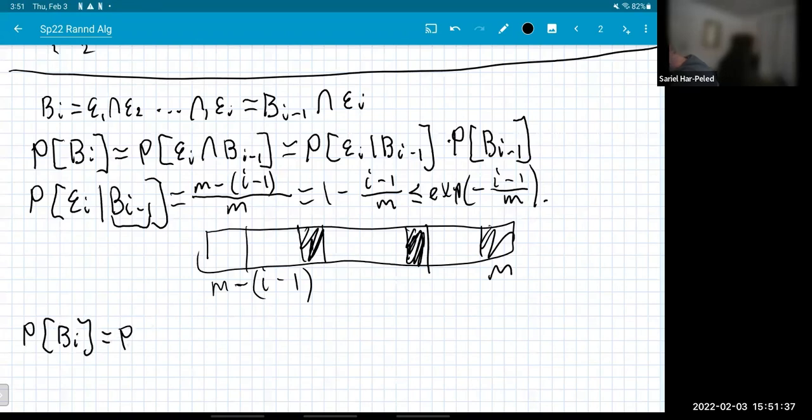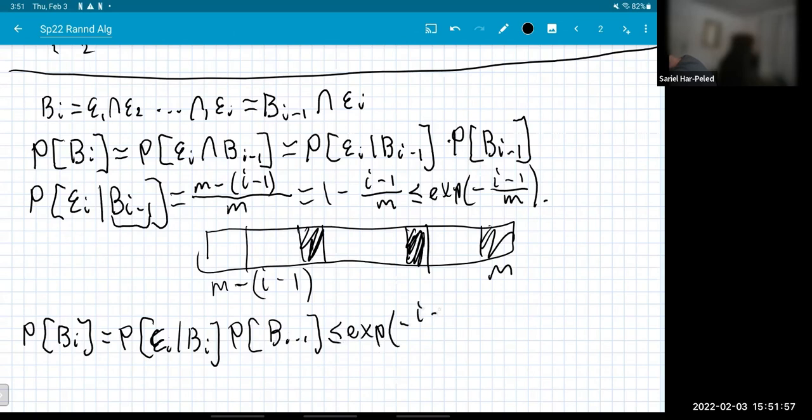All right, this was the probability of E_i given B_{i-1} times the probability of B_{i-1}. This we just argued is smaller than exp of minus (i-1) over M, times P(B_{i-1}).